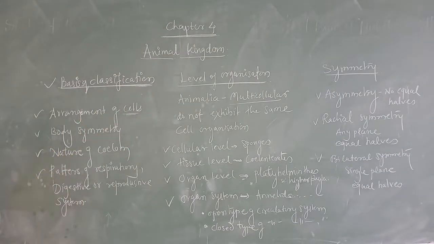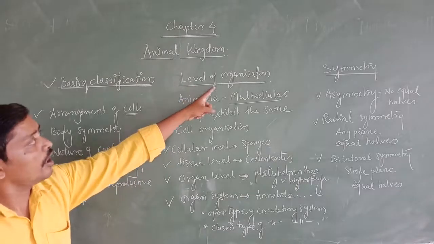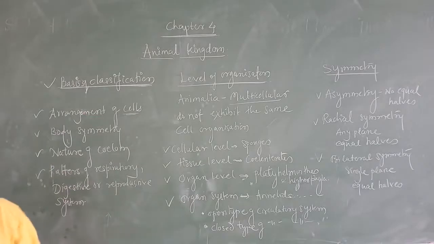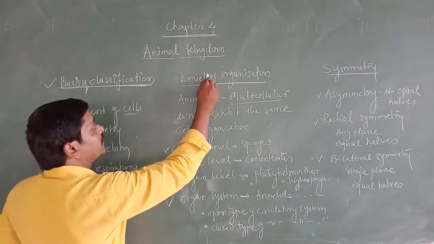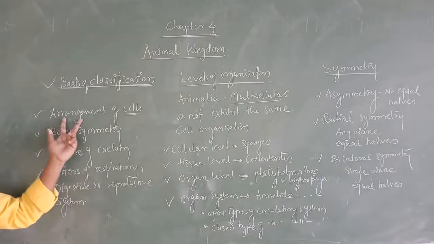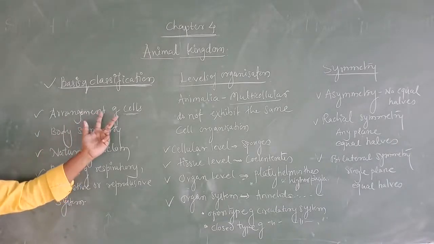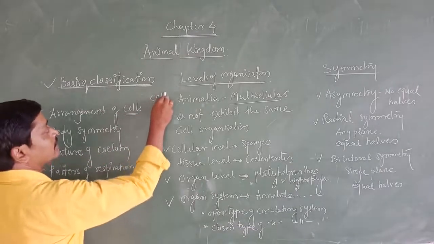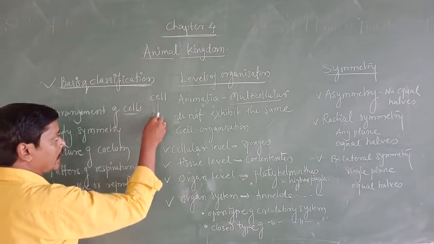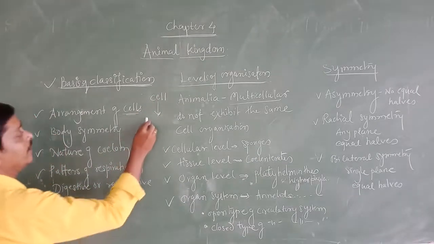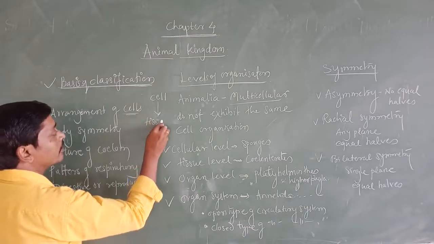First, I am going to start with the levels of organization. What is meant by levels of organization? Here I mentioned the arrangement of cells. How are the cells arranged? First there is one cell, then the cells aggregate to form a tissue.